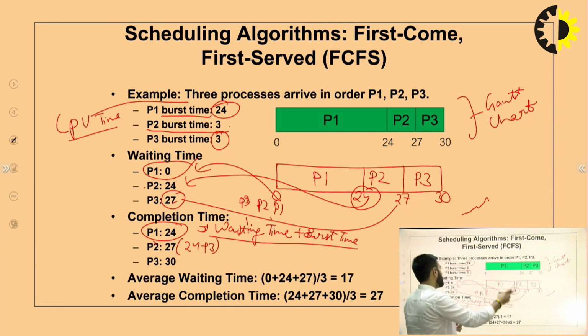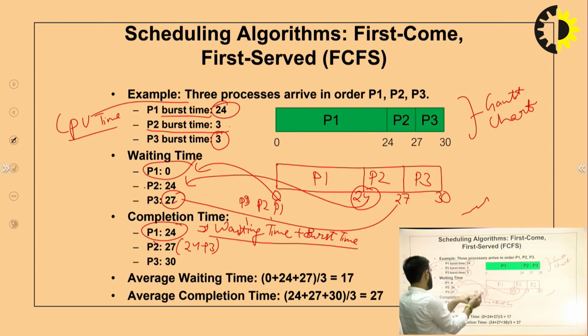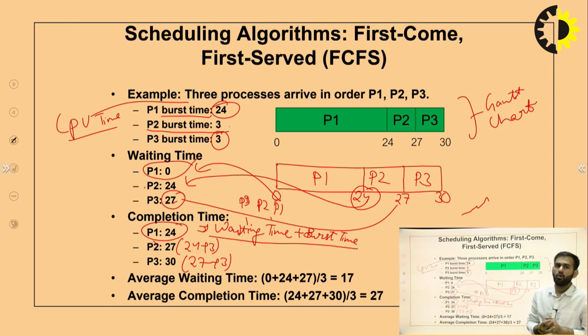Now see P3. Again, the completion time is nothing but the waiting time plus burst time. The waiting time for P3 is 27 and the burst time is 3. The total time is 30. 27 plus 3.